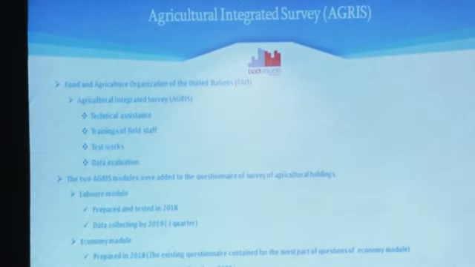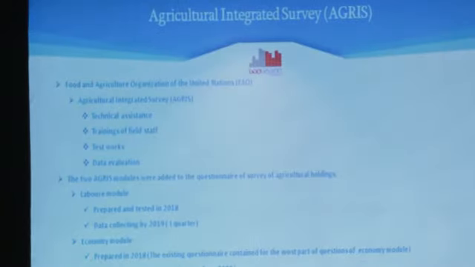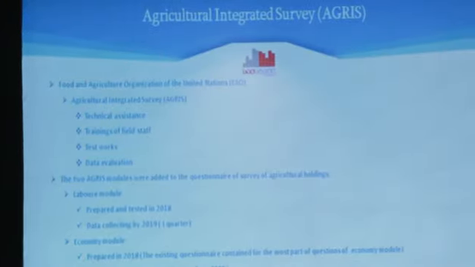Geostat is also actively considering the extension of the survey of agricultural holdings to implement the agricultural integrated survey, which was recommended by FAO as a part of the global strategy, with a particular focus on meeting the additional data user needs relating to the agricultural sector and rural economy, arising from the implementation of the SDGs.